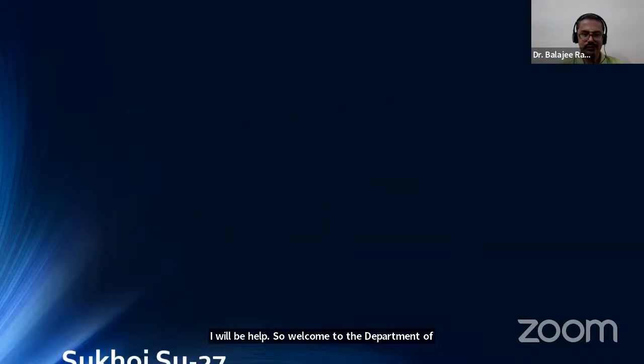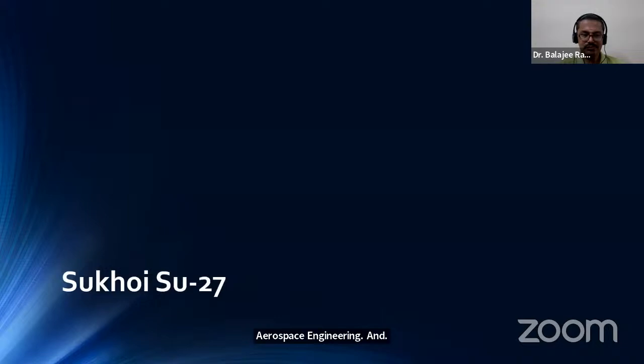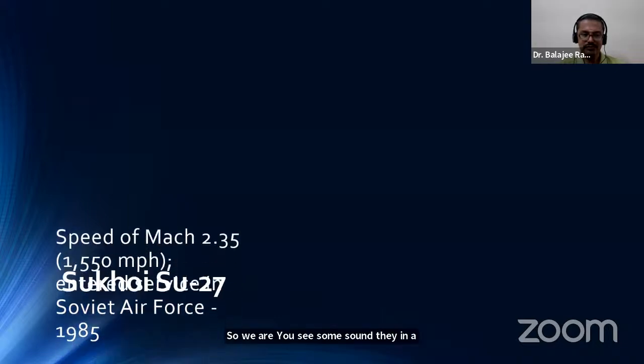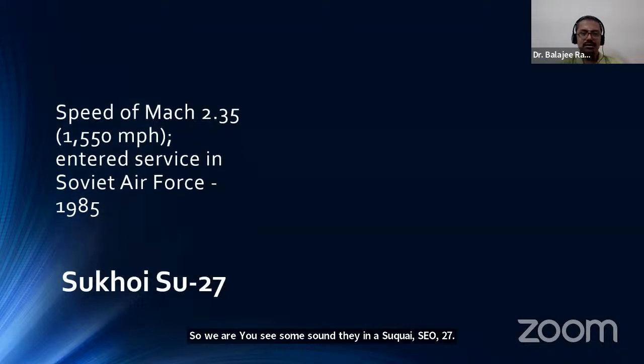You see a Sukhoi Su-27, an aircraft going at a speed of Mach 2.35. Mach number is the speed of anything divided by the speed of sound. The ground speed is 1,550 miles per hour, which translates to around 2,500 to 3,000 kilometers per hour.